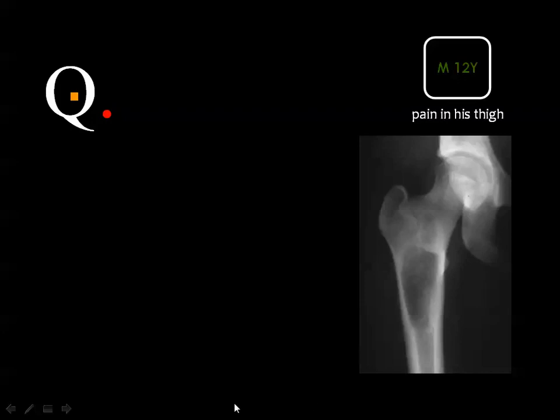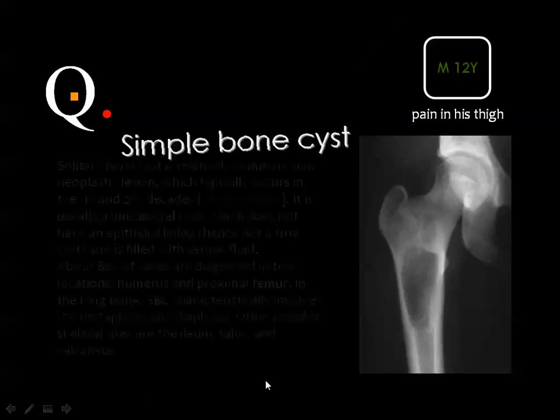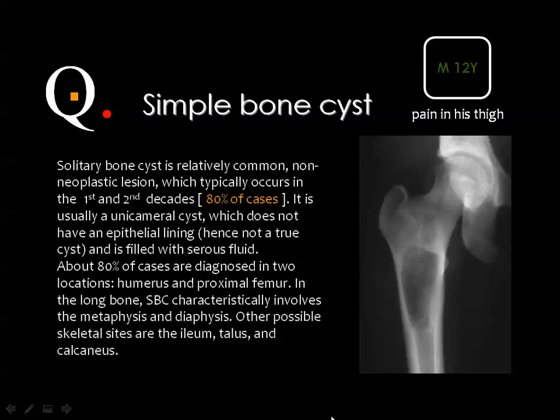X-ray of the hip and the proximal femur on the right side. Fibrous dysplasia, simple bone cyst. Yes. Fibrous dysplasia is an expanding lesion, ground glass, long lesion in a long bone. البروكسيمال فيمر والبروكسيمال هيومرس محجوزين باسم السمبل بون سيست.